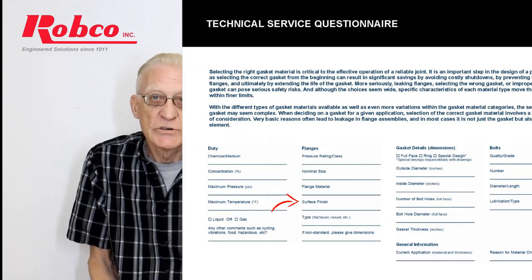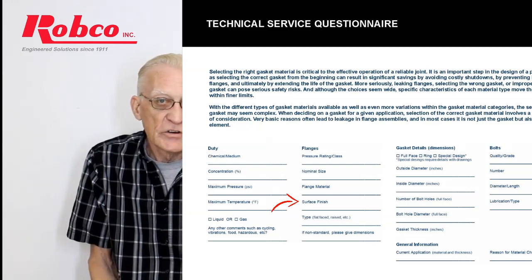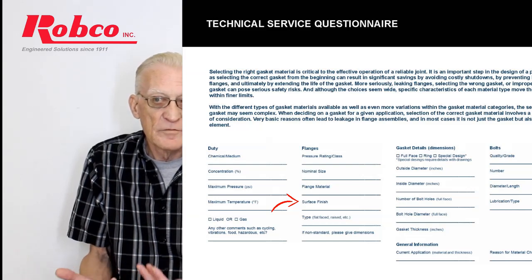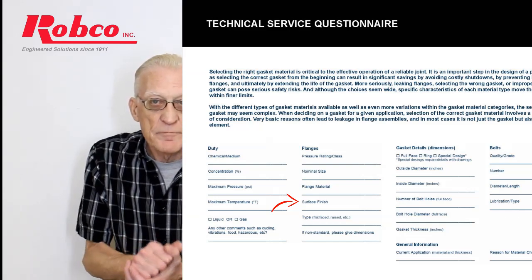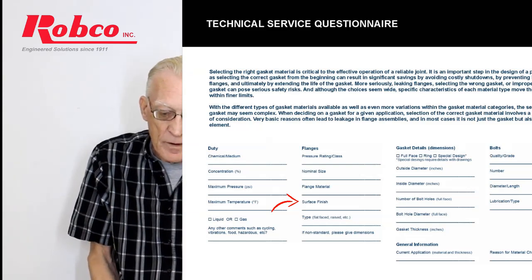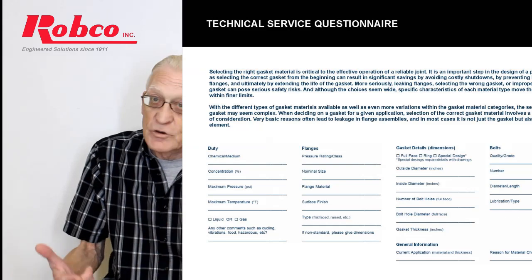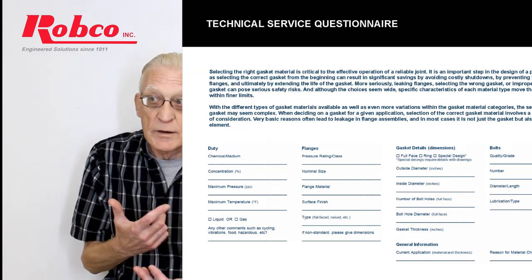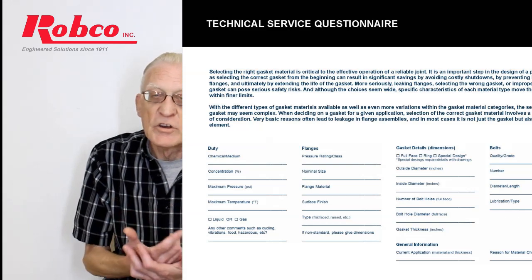What's the surface finish? Is it 63 RMS and I can't fill that void? My gasket can't bite on that hard enough? Maybe I need to change that. Again, it's got nothing to do with the gasket material. It's got to do with the actual flange, the condition of the flange.